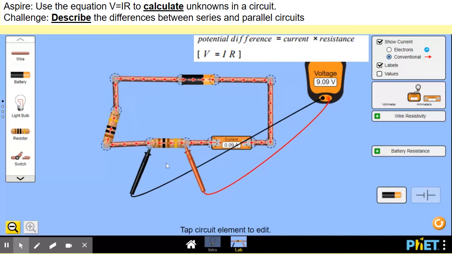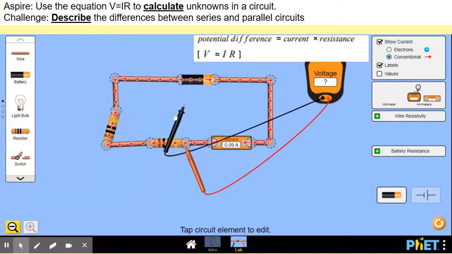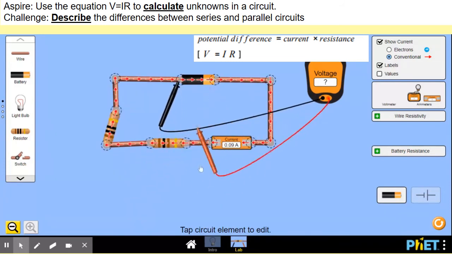So when you've got a calculation question or a problem solving question where you need to find a value, big tip for you: whenever you've got to, for example, find that resistance, you need to use the current flowing through that resistor there, which is 0.09, and the potential difference across that resistor. So not anywhere else in the circuit, not across here or across there or anywhere else.